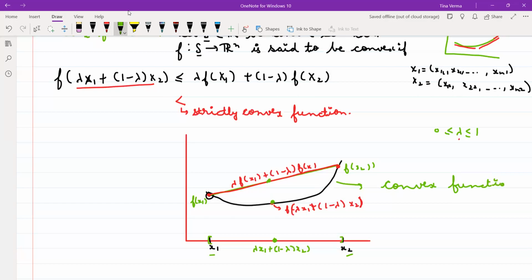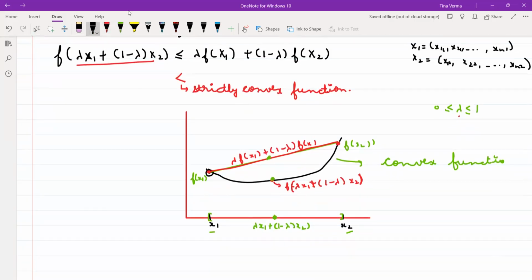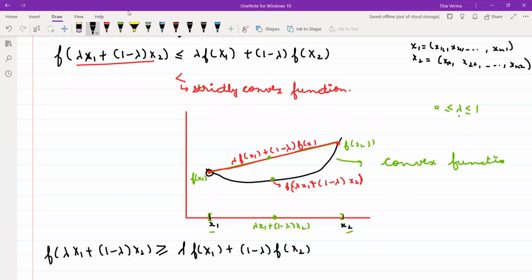On the other hand, you can also check the concave function. How will you check it? If f of (lambda x1 plus (1 minus lambda) x2) is greater than or equal to lambda times f(x1) plus (1 minus lambda) times f(x2), that means it is a concave function. If I take the inequality as only greater than, it will be strictly concave.